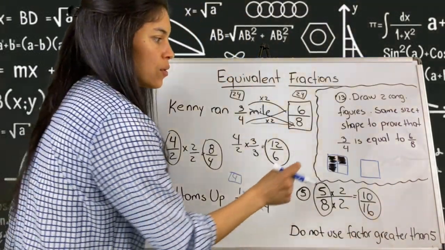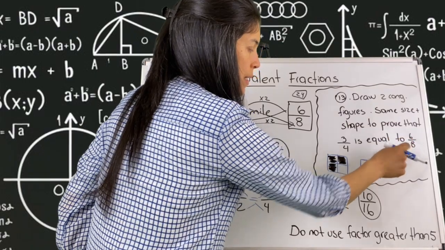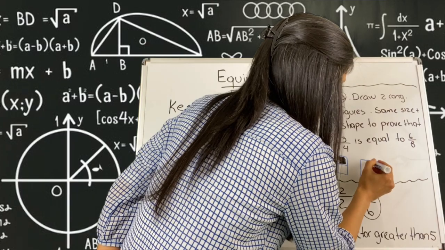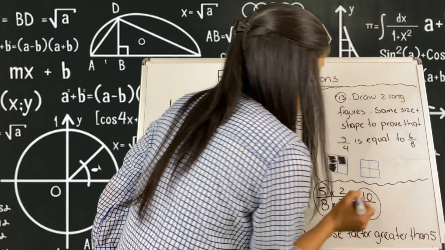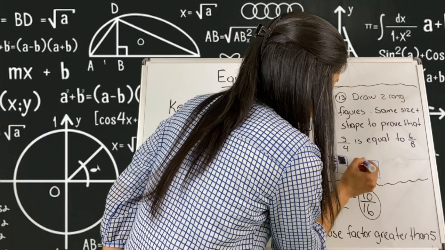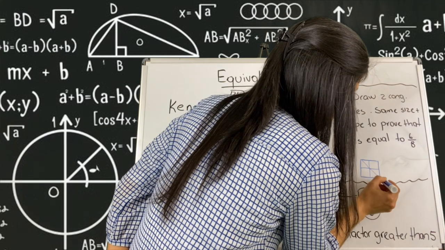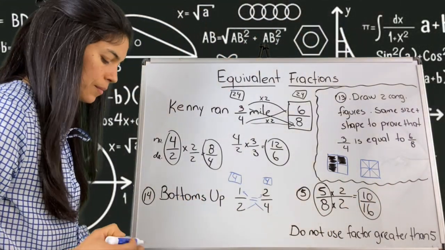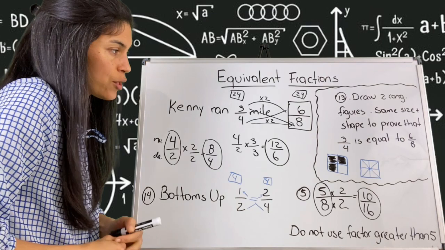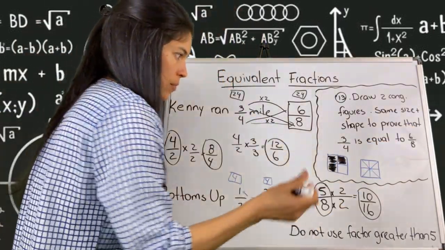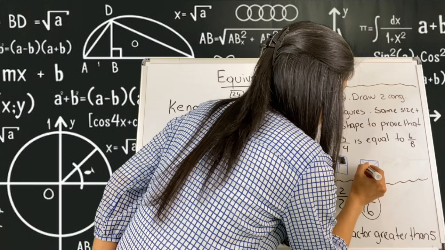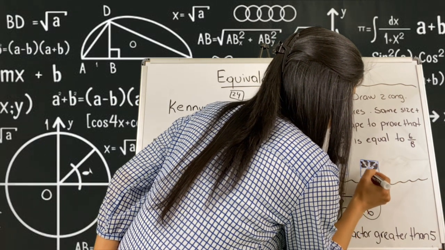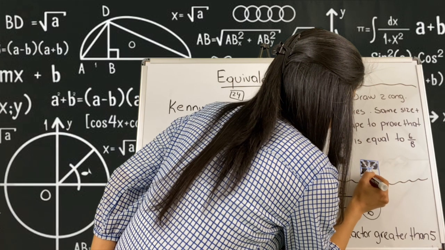And now I need to draw this other fraction, 6/8. So I need to divide my square into 8 parts. Let me see how I can do that. If I divide into 4, I need another 4, since a fraction needs to be divided into equal parts. Okay, I have 8 parts there. And let me shade 6 of those. 1, 2, 3, 4, 5, and 6.